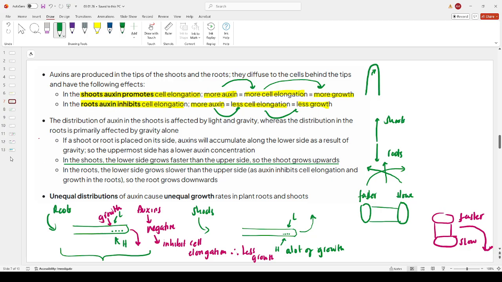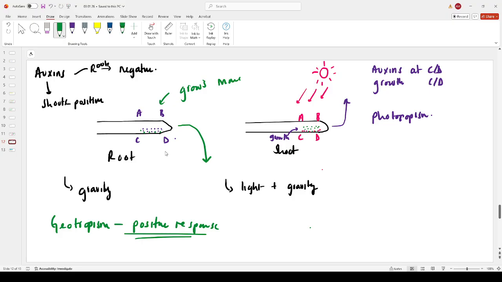Can you see that, guys, in this diagram where we put the auxins, it inhibited growth, and the other side grew more. That's why it grew down. Here we wrote grew more for A and B, but for C and D there was reduced growth or inhibited growth. That's why we wrote negative.